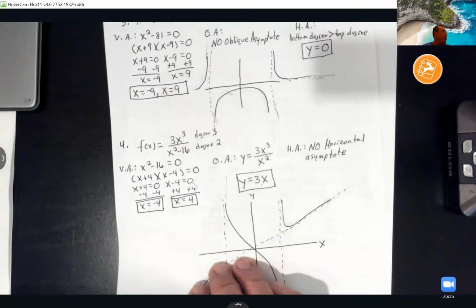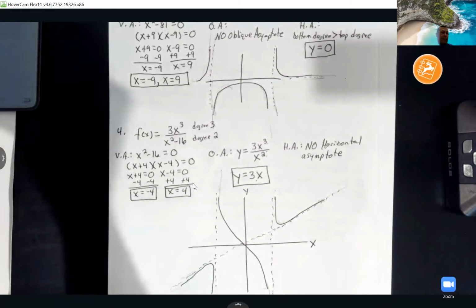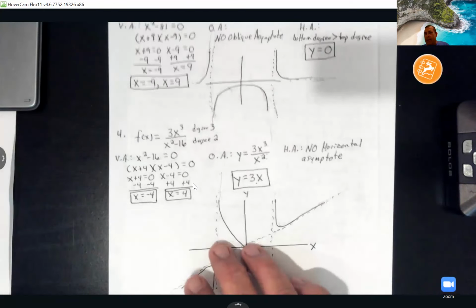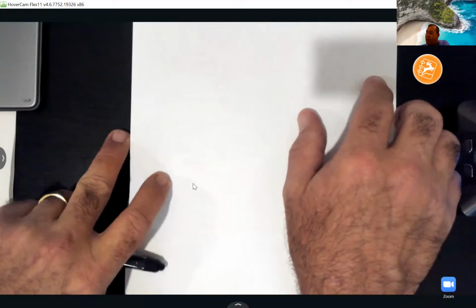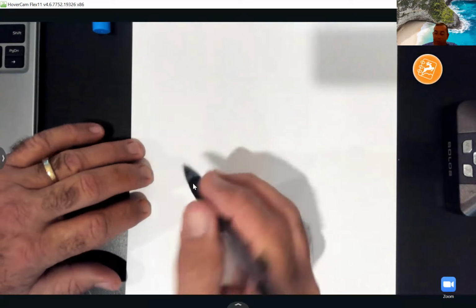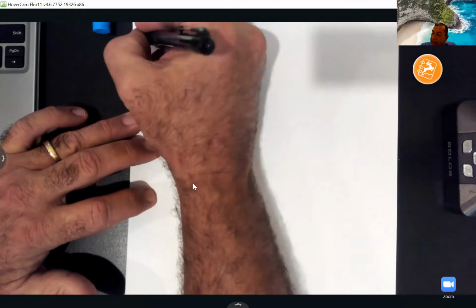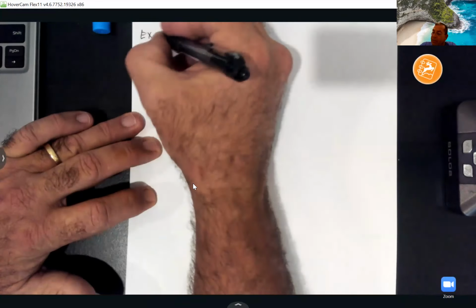All righty, so those were the only two we had to really worry about graphing in this section. So the rest of these problems, we're going to be finding vertical asymptotes and horizontal asymptotes. So these ones here will say find the vertical asymptote.